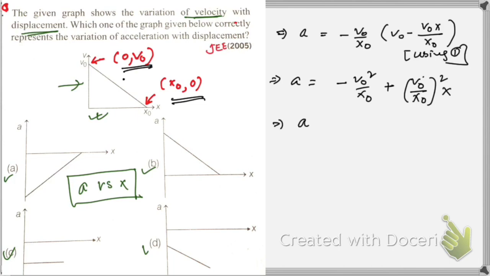So it can be written in this form: a = (v naught by x naught) whole square into x minus v naught square by x naught, right?